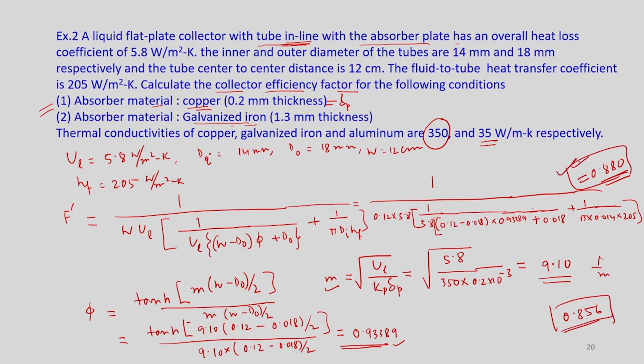So always we will go for this copper based absorber plate. That's how the kind of material to be used for a particular application will be decided by those calculations. Once we know these F values, then we can decide which one will be the best for the particular application, right. That's what is demonstrated in this example.